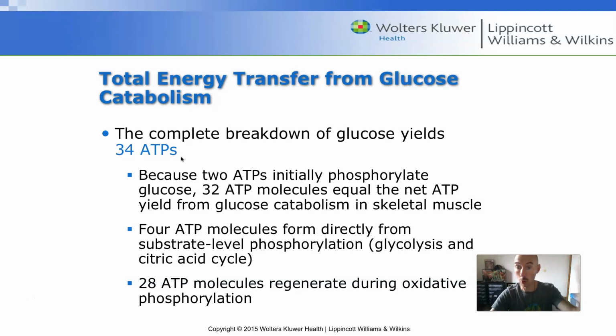So we would do aerobic glycolysis, meaning the glucose molecule goes through glycolysis, leaving us with pyruvate. If oxygen is available, then that pyruvate gets converted to acetyl-CoA and enters into the Krebs cycle and electron transport chain. If that occurs, this is the number of ATP that we get, 32.